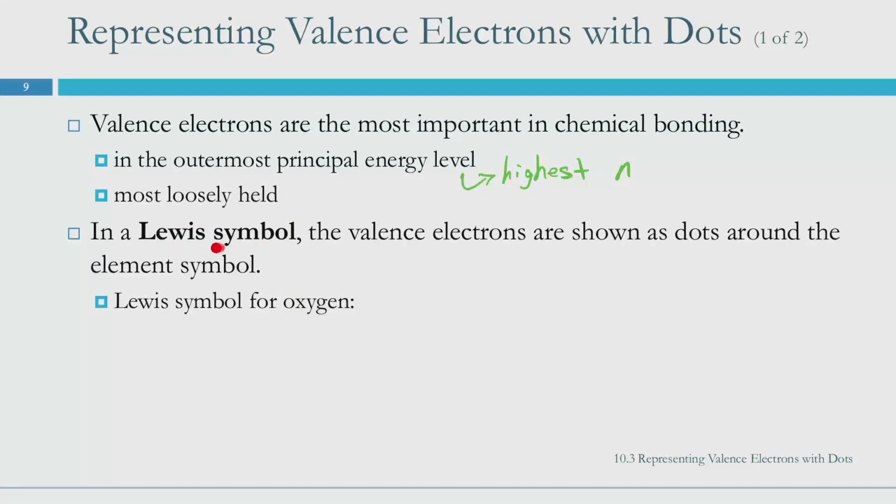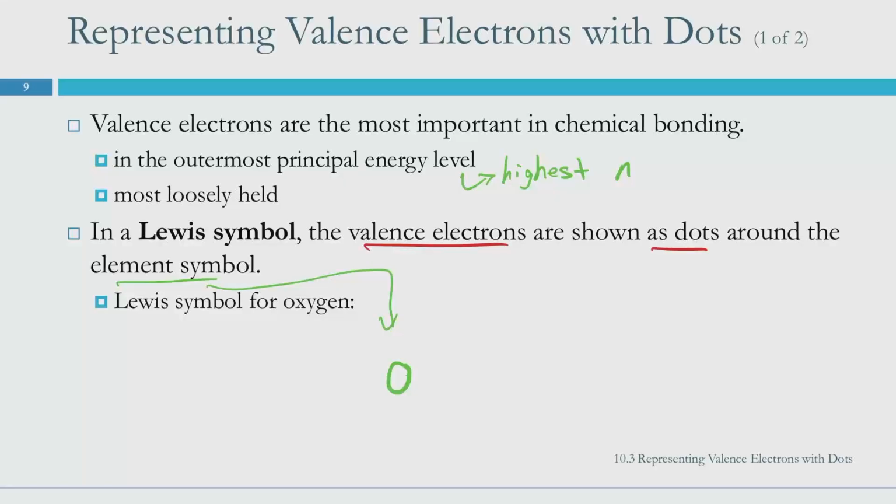In a Lewis symbol, or a Lewis dot structure, our valence electrons are shown as dots around the element symbol. So for example, a Lewis structure for oxygen, we're going to have our symbol for oxygen, and then the valence electrons show up as dots around our symbol.